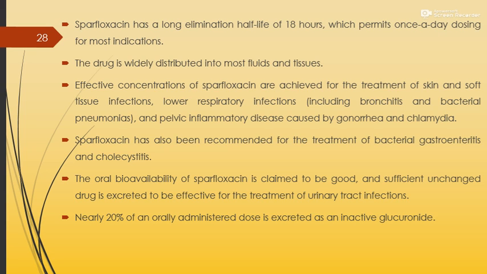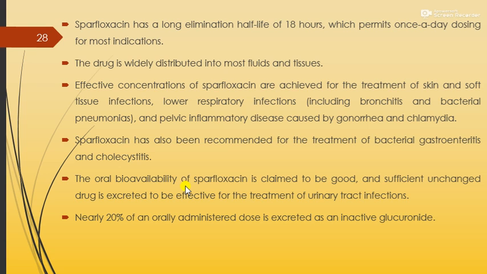Effective concentrations of Sparfloxacin are achieved for the treatment of skin and soft tissue infection, lower respiratory infection including bronchitis and bacterial pneumonias, and pelvic inflammatory diseases caused by gonorrhea and chlamydia. Sparfloxacin has also been recommended for the treatment of bacterial gastroenteritis and cholecystitis.